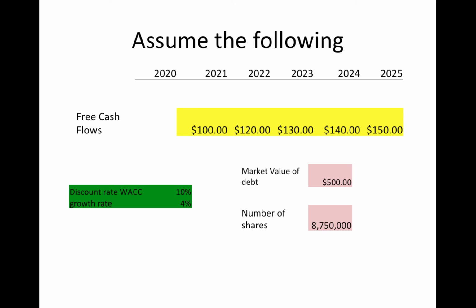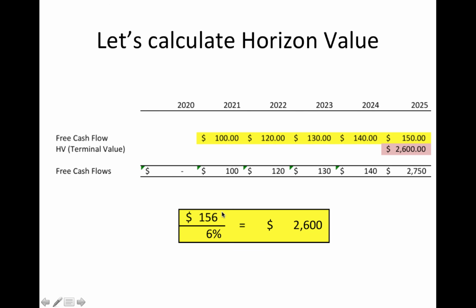Here's another example. Here we have cash flows 100, 120, 130, 140, 150. We have the market value of debt of 500, number of shares 8,750,000, discount rate of 10, growth rate of 4. Those are my assumptions. Let's calculate the horizon value.